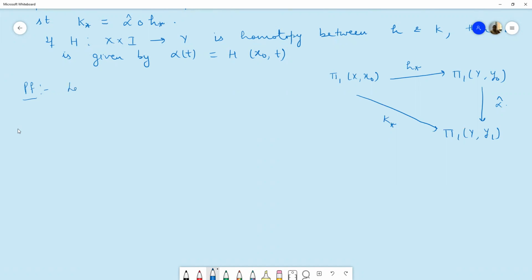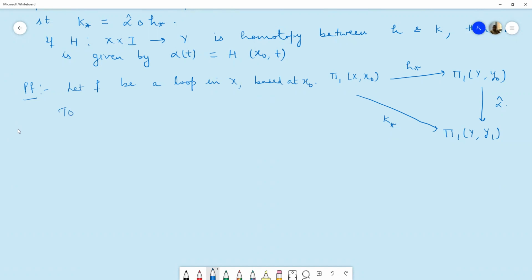So let us take firstly a path f, which is a loop in x based at point x naught, so that its homotopy class belongs to the fundamental group pi 1 x x naught.